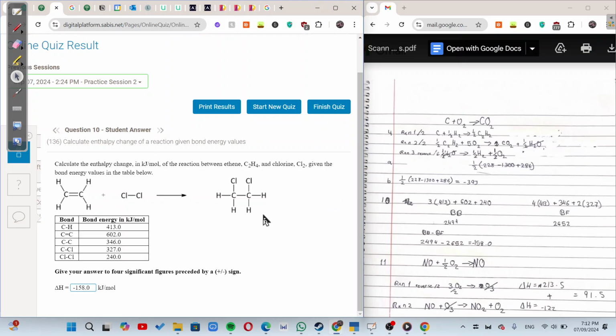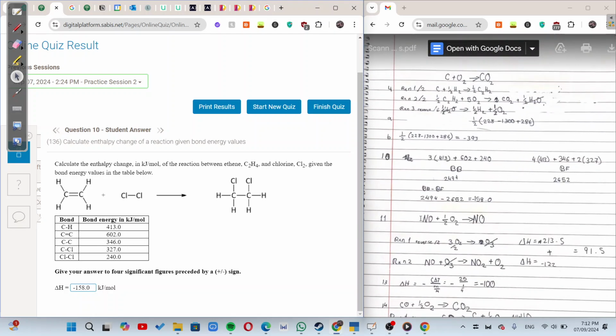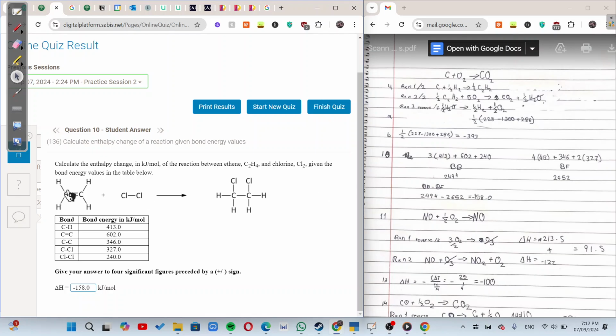Okay, for this question, we did it last week, but I'm going to re-explain it for the people that didn't get it. You need to see what types of bonds you have. You have 1, 2, 3, 4 of this bond and 1 of this bond. So 4 times the CH bond, which is 413, you put in your equation. Oh wait, this is wrong. This should be 4 here.